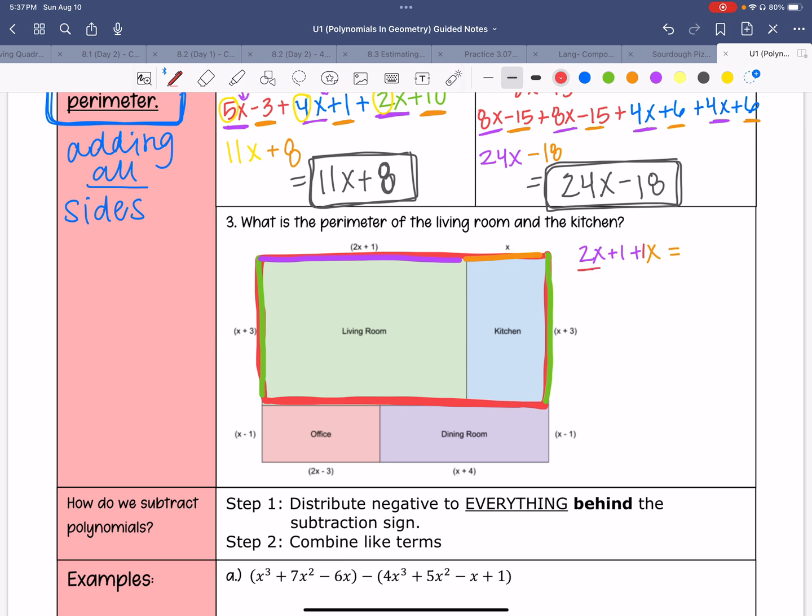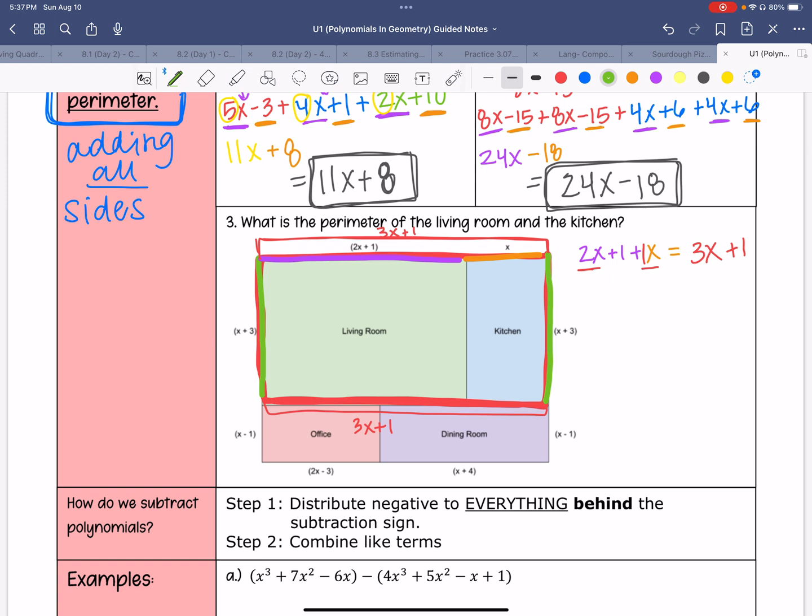So 2x plus this is an understood 1. 1x is going to give us 3x plus 1. So that tells me that this entire side length of my rectangle is 3x plus 1, which means that this whole side length here is also 3x plus 1. So now I have all of my dimensions and I can add them together.